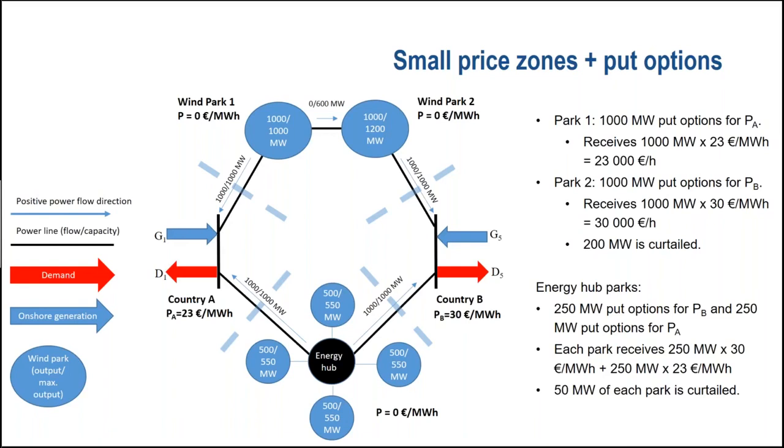Wind Park 2 can only receive 1,000 megawatts of options for country B, even though the owner decided to overplant. 200 megawatt needs to be curtailed, but 1,000 megawatts can be sold at the price of B because the park has options for this. And in the south, it is, as I said before, each park sells 250 megawatts at the price of B, 250 megawatts at the price of A, and curtails 50.